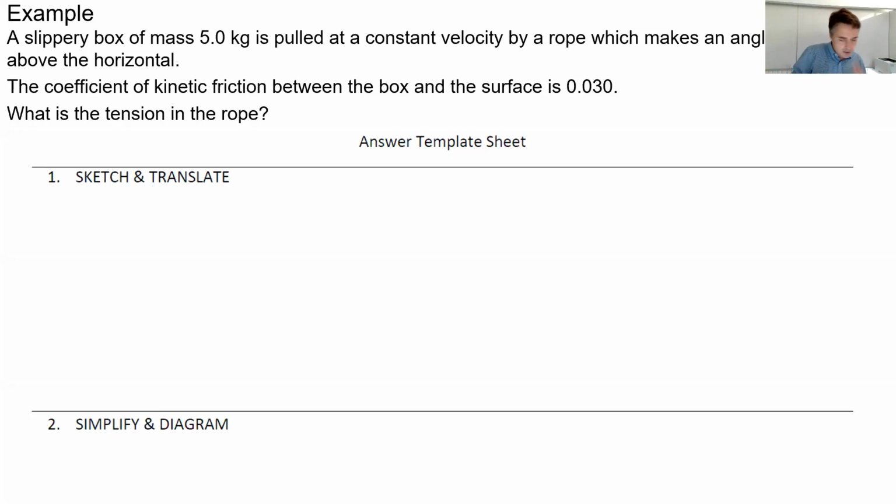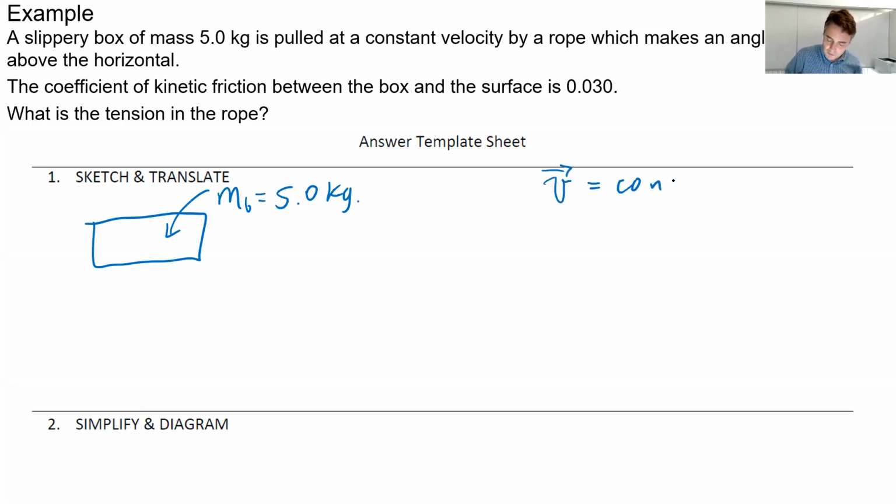So a slippery box of mass 5 kilograms. Let's draw it with my amazing drawing skills. I'm going to call it mass of the box is equal to 5 kilograms, is pulled at a constant velocity. V is constant, that's important, because that means that acceleration is going to be 0.